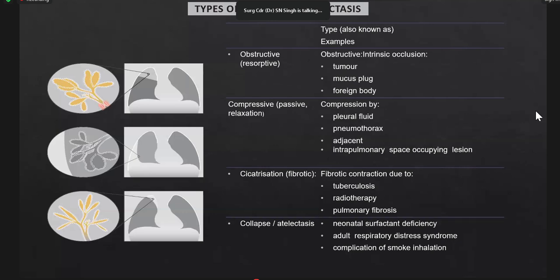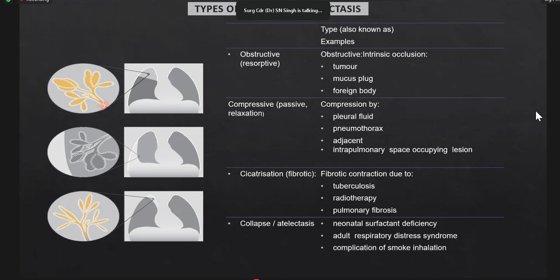Then cicatrization, that is post TB in Indian cases, the commonest, where fibrosis makes the whole thing contract. Radiotherapy and idiopathic pulmonary fibrosis are other causes.